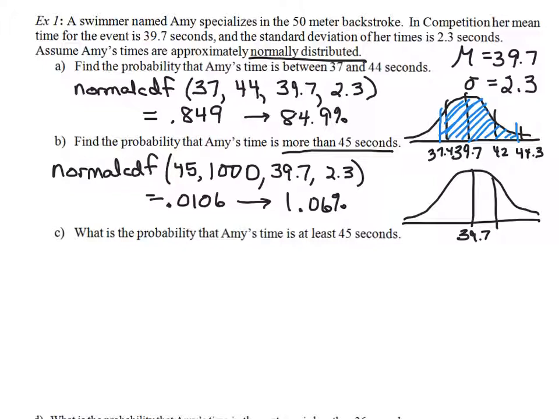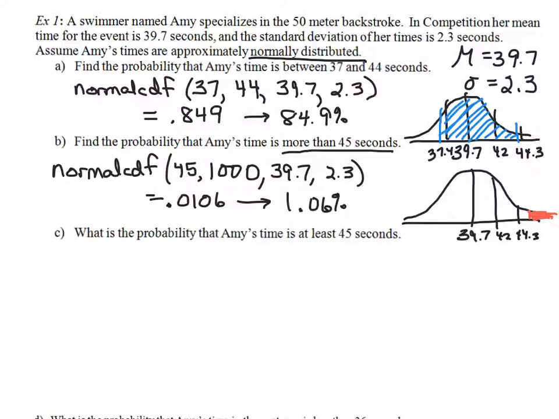If I go up one standard deviation, that'd be 42. Another standard deviation, 44.3. So I'm looking for 45, which would be over here, and everything above it, which is very, very small. So it makes sense that my answer was 1.06%.